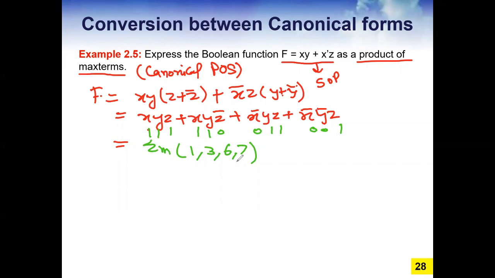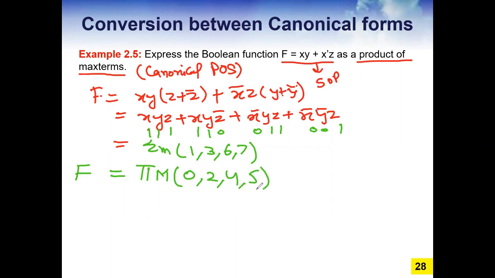Now convert and find the max terms, and you know that one. How can we do this? This function is now going to be pi m, and list the missing ones. What will it be? 0, 2, 3 is there, 4 and 5. Correct.